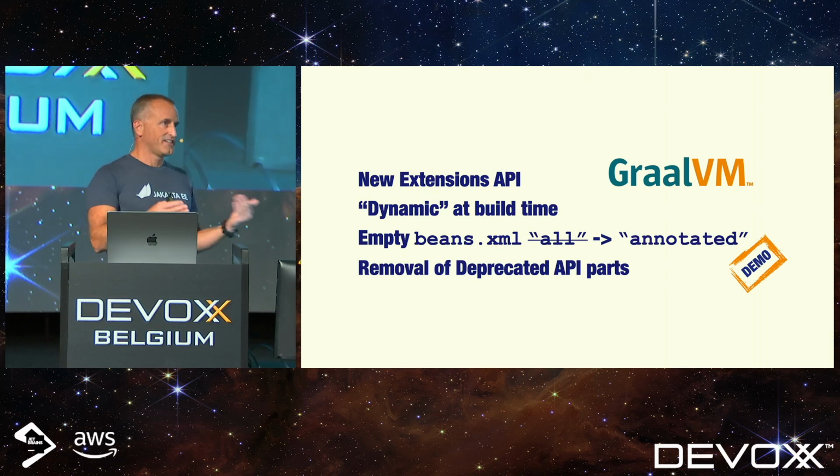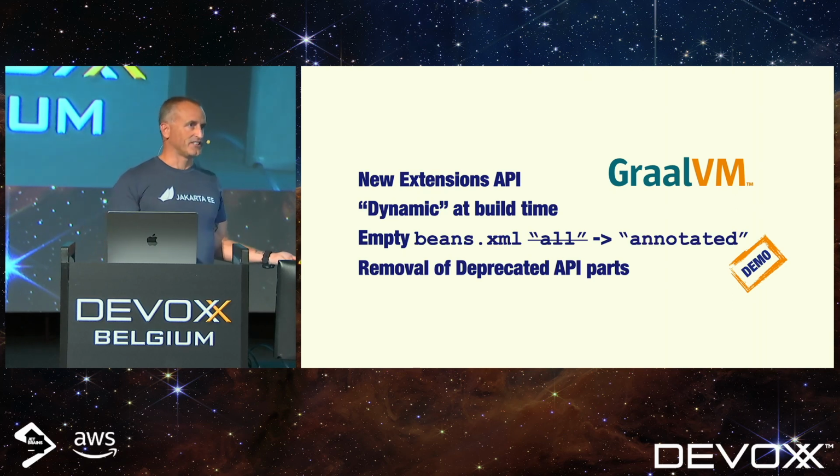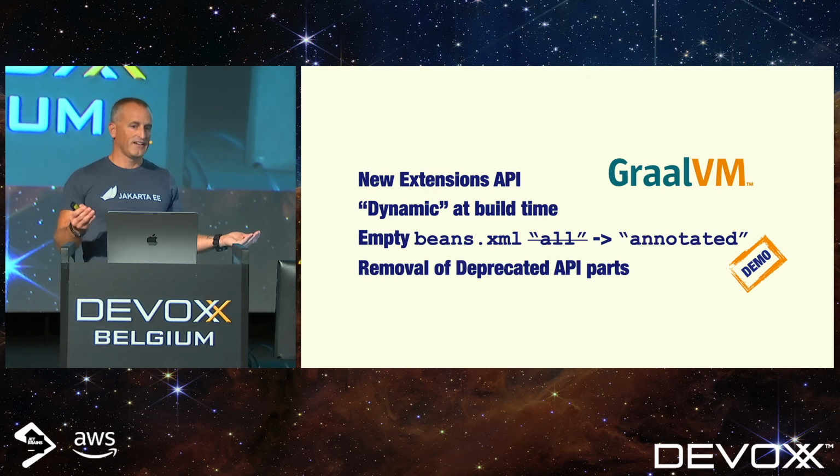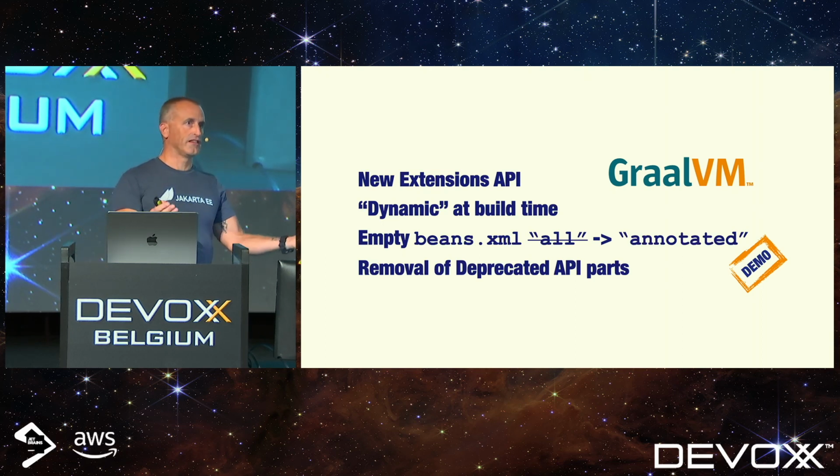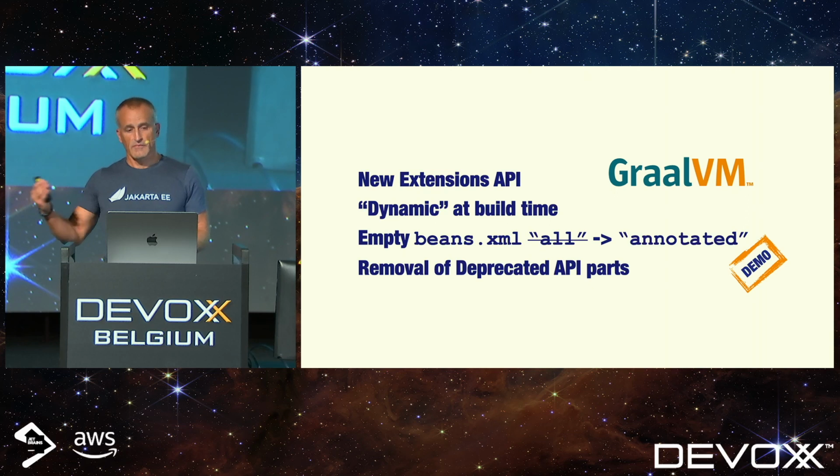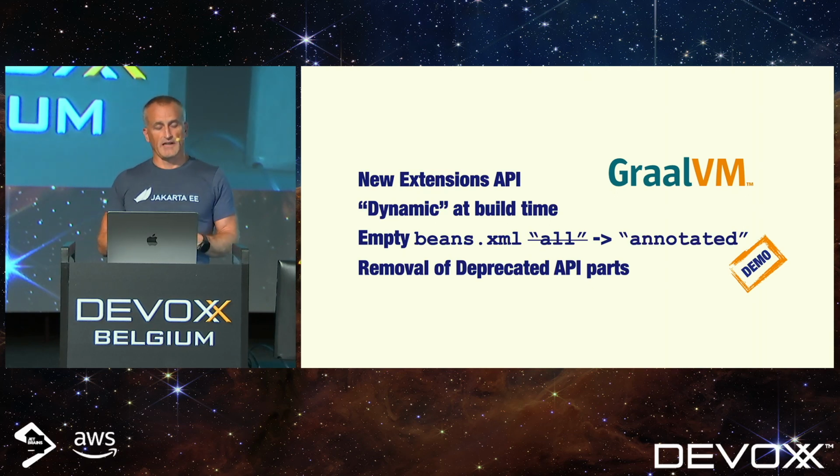And that means, since CDI is very dynamic by nature, what they needed to do is figure out a way to make it dynamic at build time. So you can figure out all the stuff that is usually done at startup time at build time.